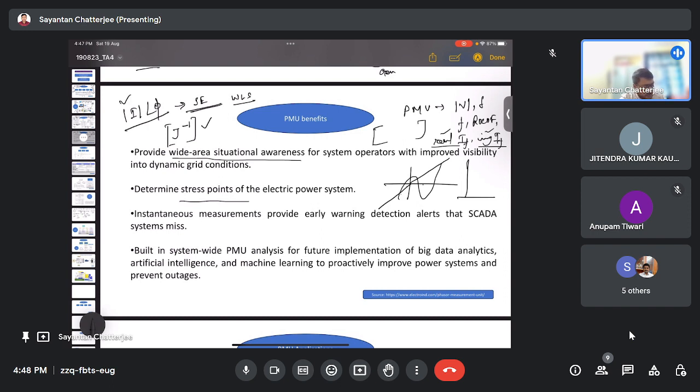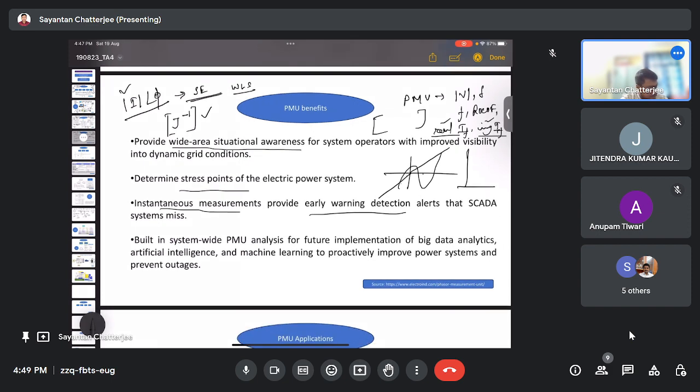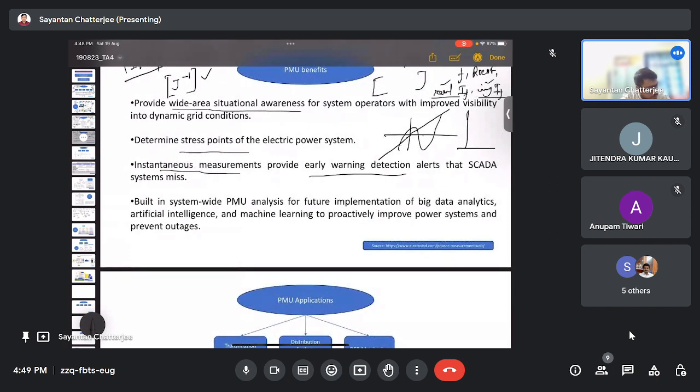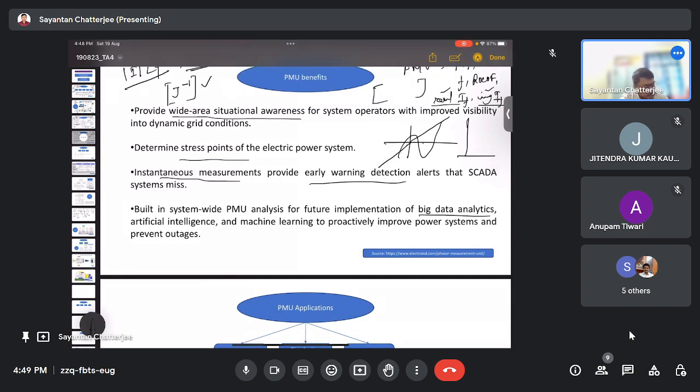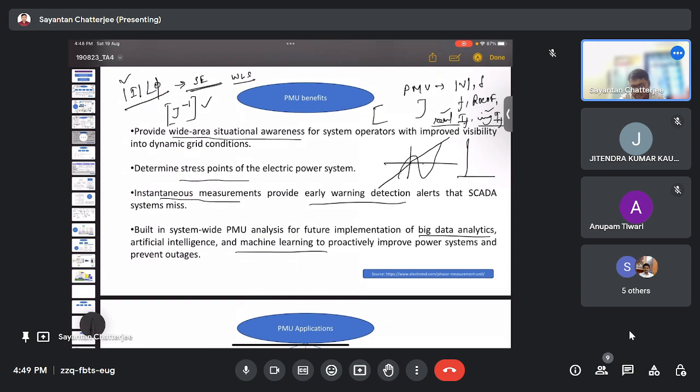Also, instantaneous measurements and early warning detection alerts can come in if the SCADA system misses them. System-wide PMU future implementation includes big data analytics and post-mortem analysis using machine learning techniques, where a data-driven approach lets people directly detect the topology of the system.